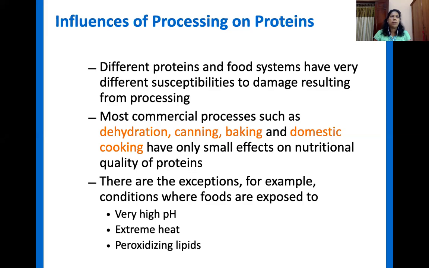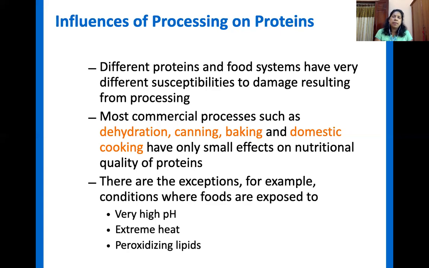That means in bread, the surrounding proteins will be lost, but the inside protein is still there. In domestic cooking, if you use vinegar, or especially if you go to low pH and high heat, some proteins will be lost, but the effect is very small, right? Those are the commercial and domestic processes. The quality of the protein will not be lost.